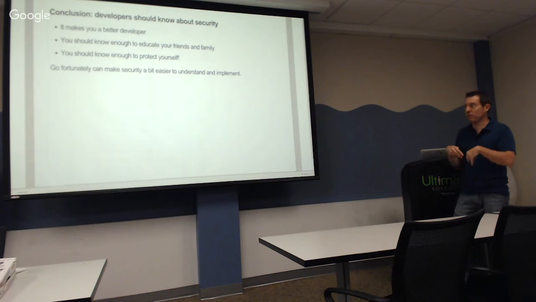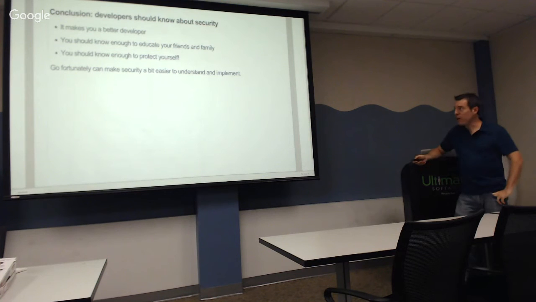So besides being secure and untampered, you can make sure that it is correct and that some byte wasn't lost in the internet somewhere. Knowing that makes you a better developer. Like I said, you can educate your family and friends and let them know not to worry about the crazy things, like hackers being able to break my encryption. They won't. And you should know enough to protect yourself as well.